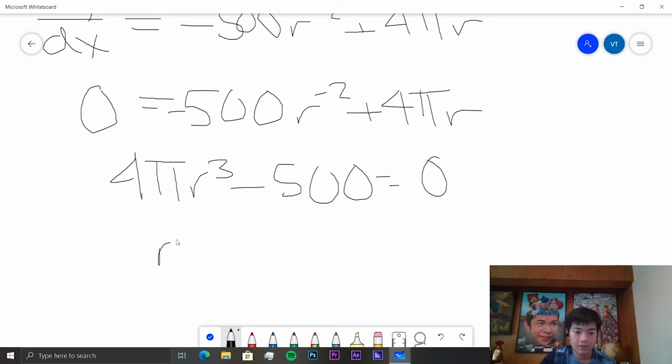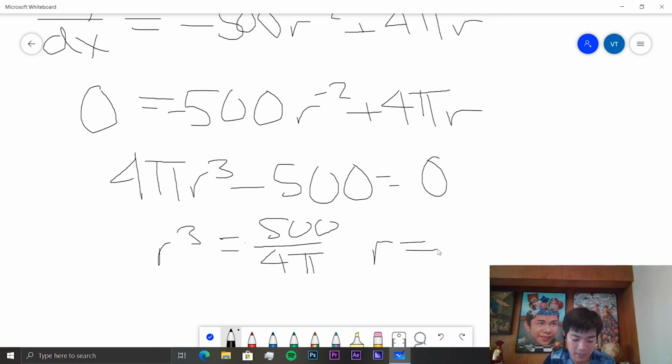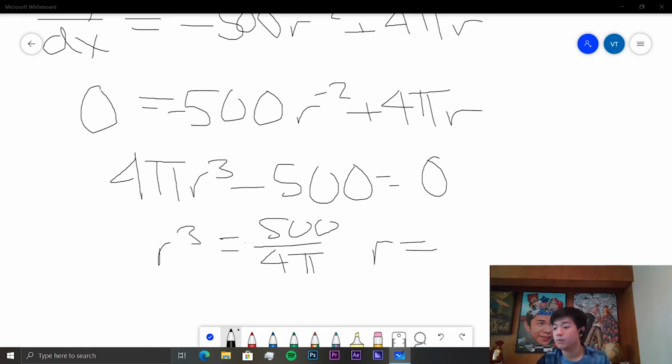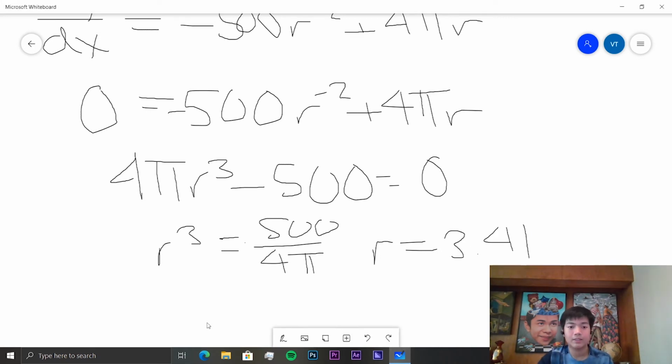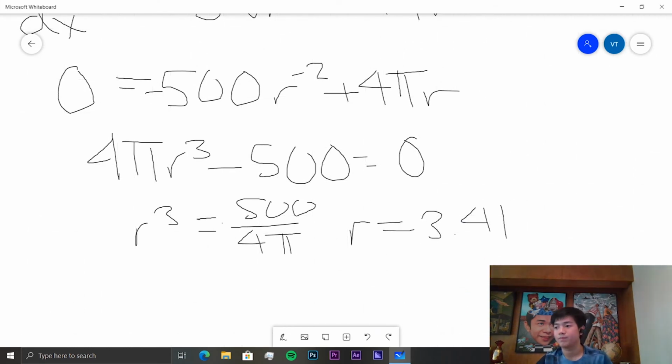And so r cubed is equal to 500 over 4 pi. So r must be the cube root of 500 divided by 4 pi, and what I'm getting is something like 3.41 centimeters for the radius.